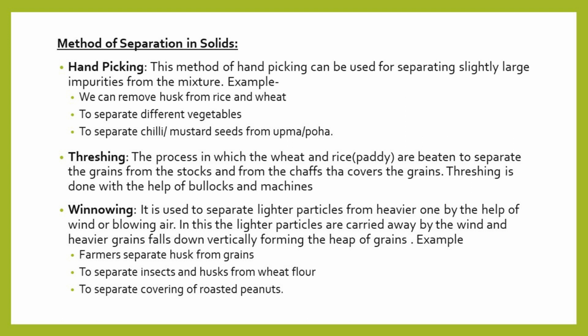Due to the difference in their densities, the grain, which is heavier, falls vertically down and forms a heap, while the husk, which is lighter, is carried away by wind and forms a separate heap at a distance away from the heap of grains. So this is winnowing. It is used to separate lighter particles from heavier ones with the help of wind or blowing air.